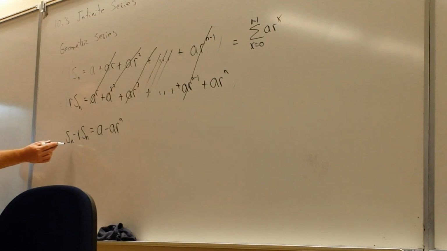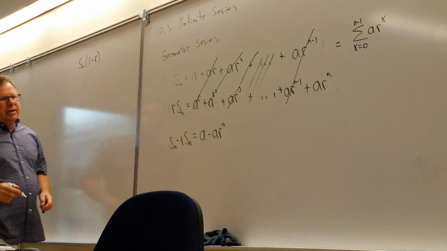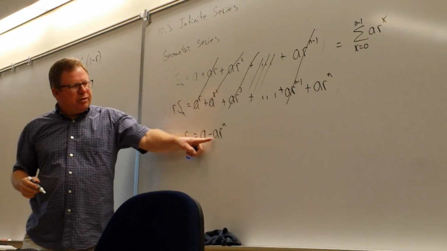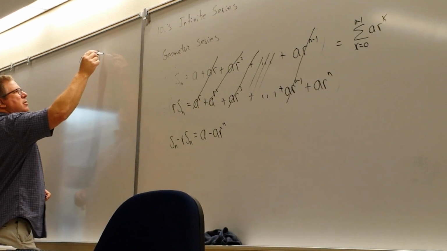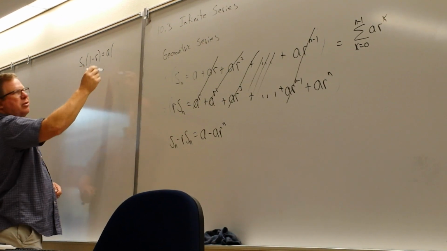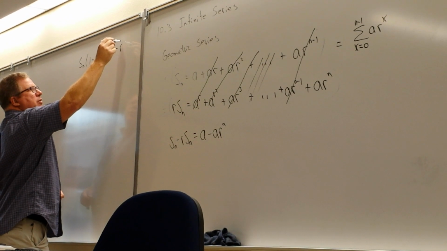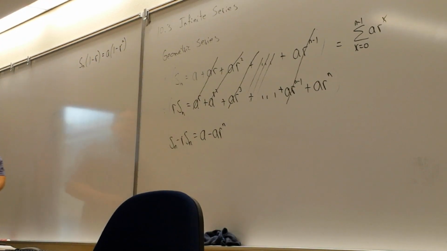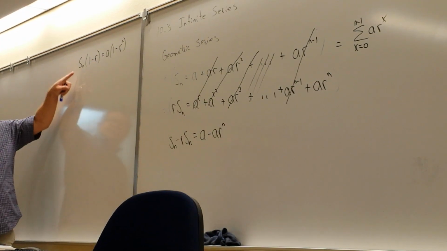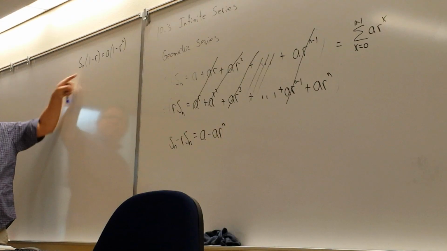Now, on this left side, let's factor out s sub n. I'm going to factor out s sub n, so I'm left with 1 minus r. And on the right side, we're going to factor out the a, and you're left with 1 minus r to the n. Let's now solve this for s sub n.